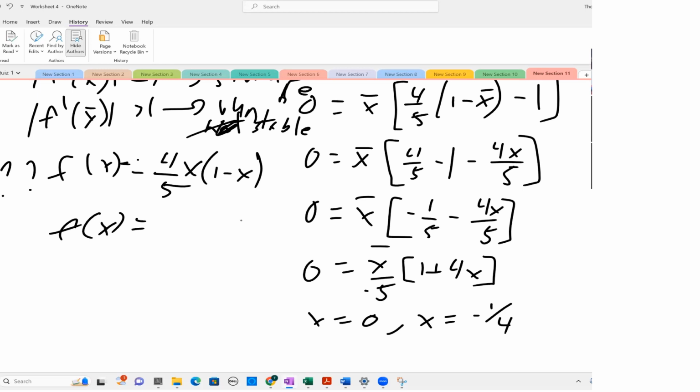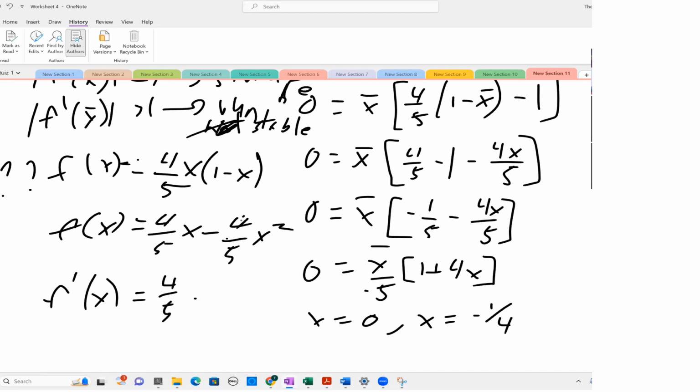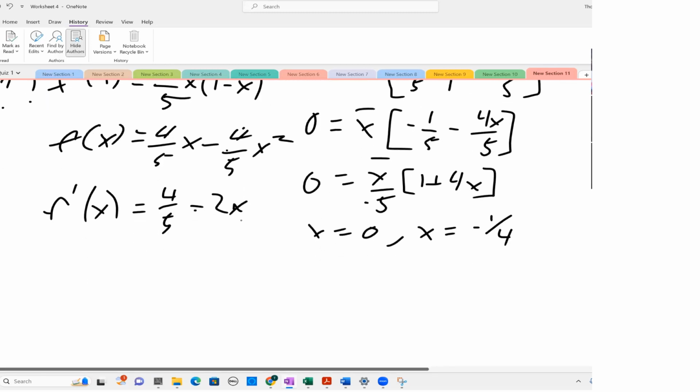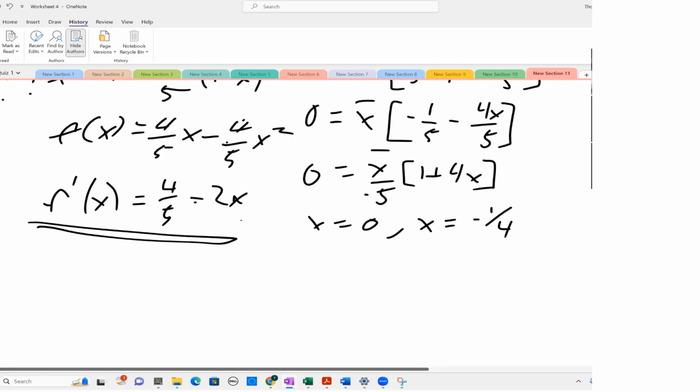This equals 4 over 5 x minus 4 over 5 x squared. And now the derivative equals 4 over 5 minus 8 over 5 x.